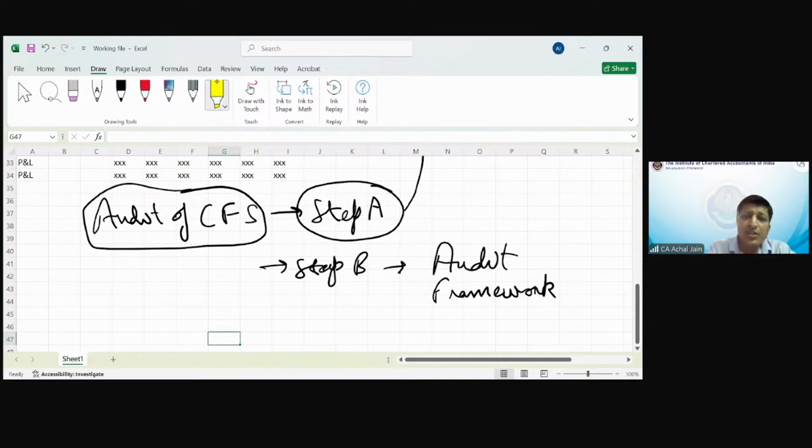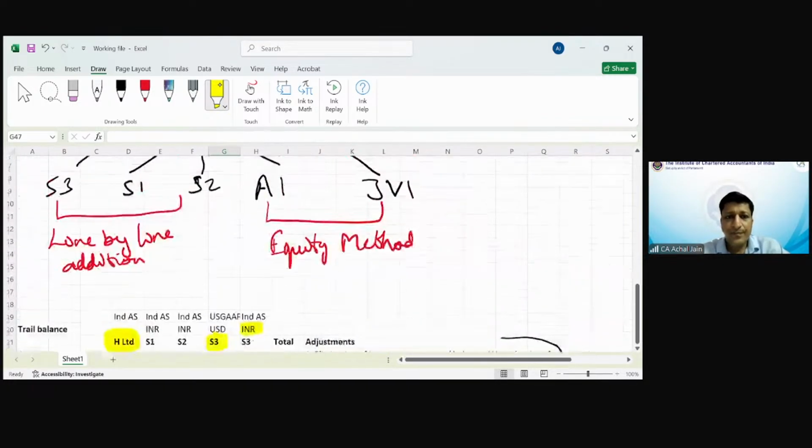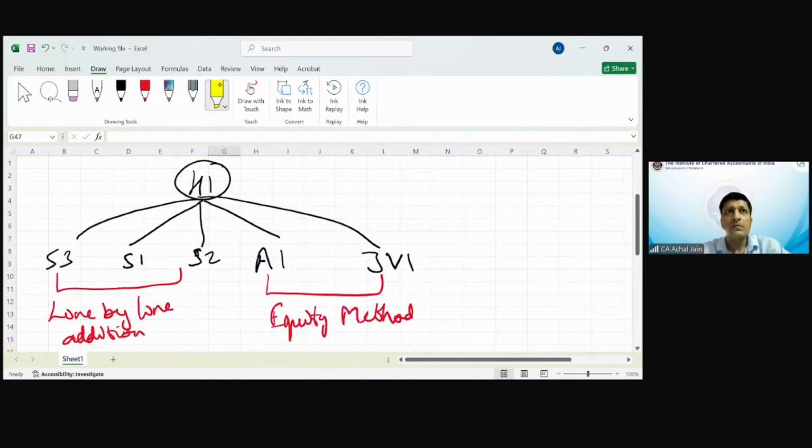let's have some discussion around this audit framework. Now, what is this audit framework? What is this audit requirement? All of these things. So now, when it comes to the CFS, CFS is all about consolidation of various companies within the group.